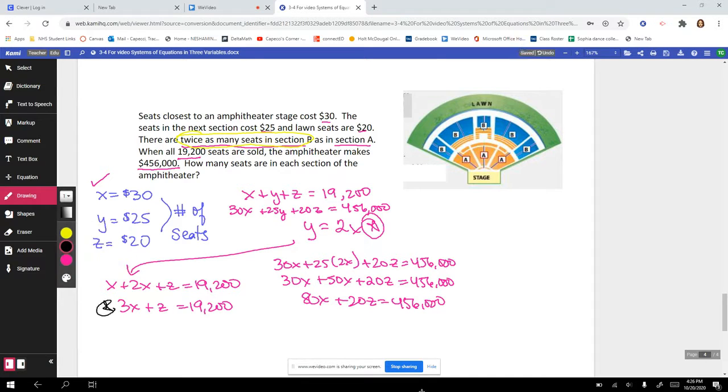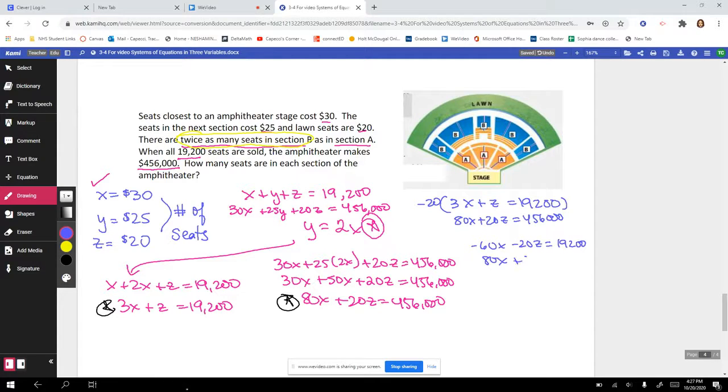Okay, so here's my two equations. I have an x and a z in both of them. So I'm going to rewrite them. I have 3x plus z is equal to 19,200, and I have 80x plus 20z is equal to 456,000. Now, I'm going to try to get rid of that z. That looks like it's going to be the easiest to me. Multiply the top by negative 20, and I get negative 60x minus 20z is equal to 19,200.